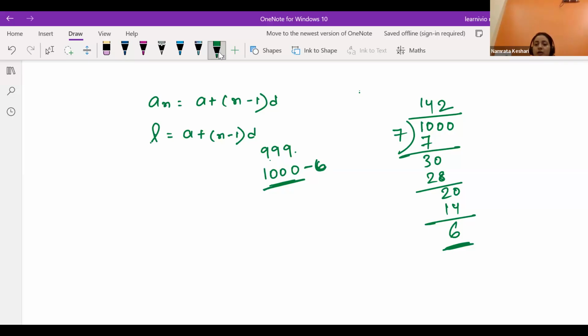Are you getting it, Zoha? Let's subtract: 10 minus 6 is 4. It means 994.